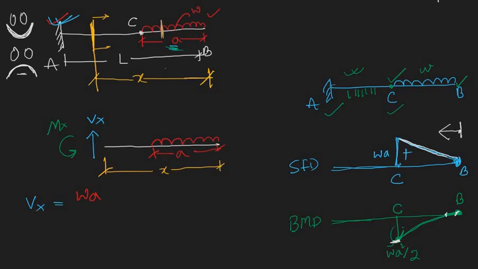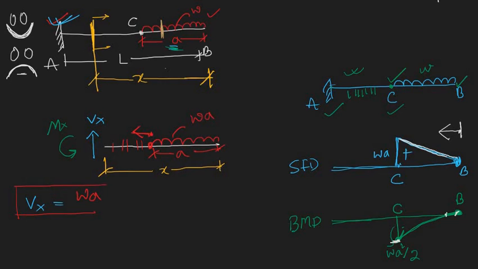After this point the shear force is constant. The total WA load is acting on each and every section after this point. Agree? So Vx is simply coming as WA.